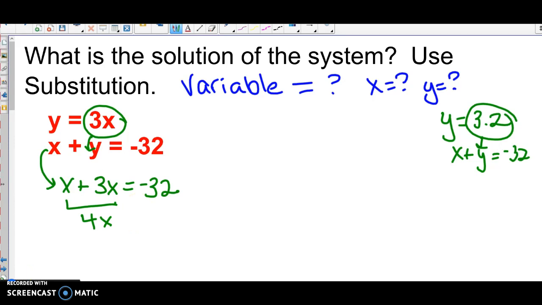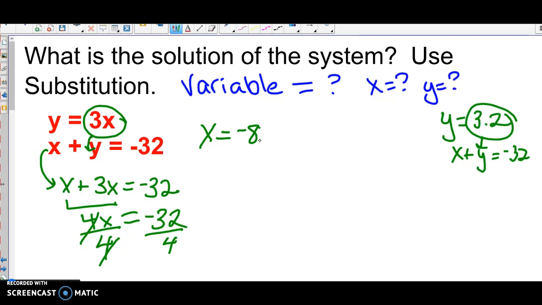Okay, so now we know that x plus 3x equals 4x, and that equals negative 32. Now I can solve for x by dividing both sides by 4. Those cancel, and I get x equals negative 32 over 4, which is negative 8.